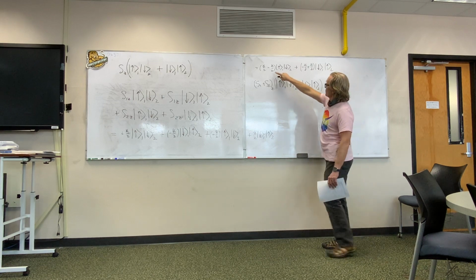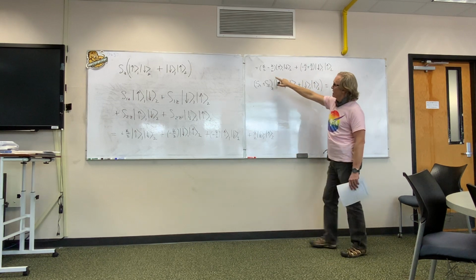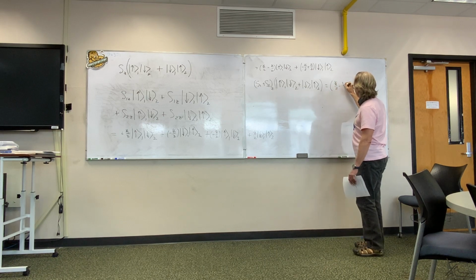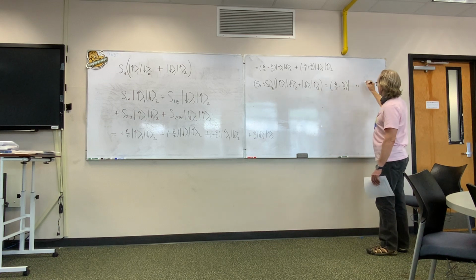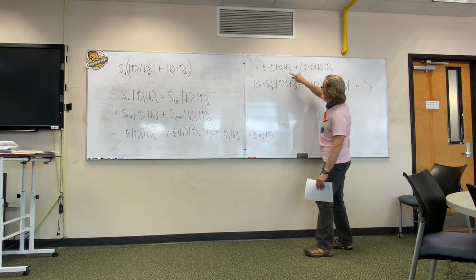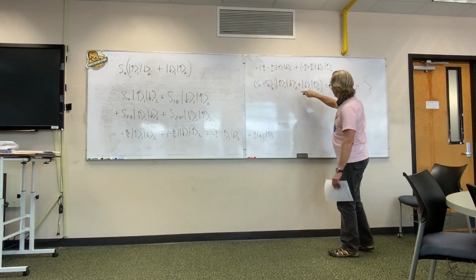I can factor these out. I have an h bar over 2 minus an h bar over 2 onto that same thing. I'm not gonna bother writing it, but it would be this whole thing. If I factor that out of that, I get the same thing I started with.